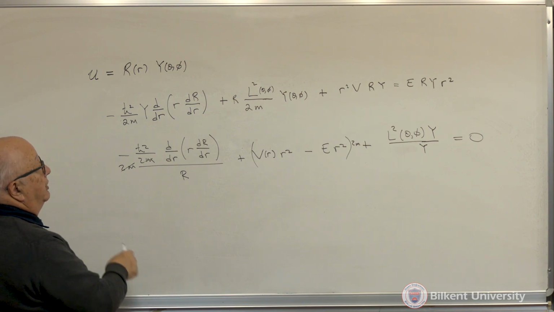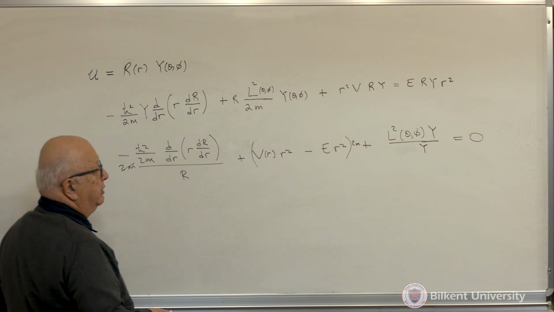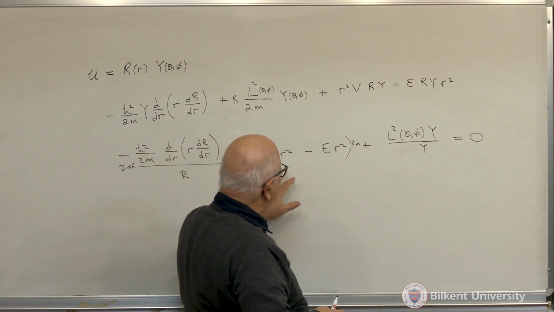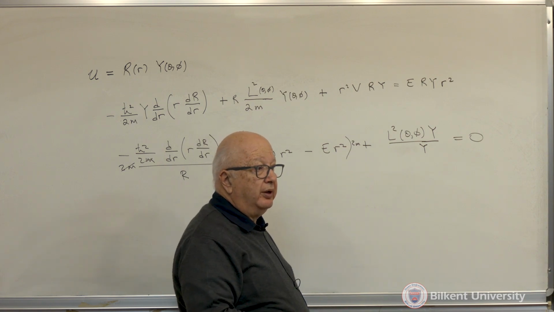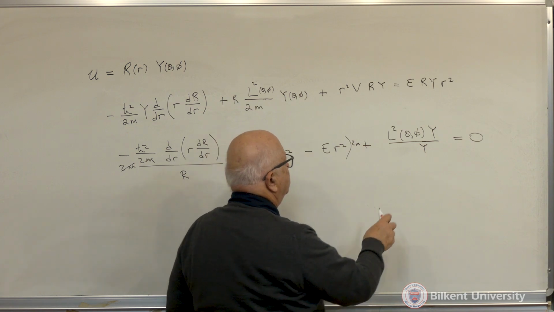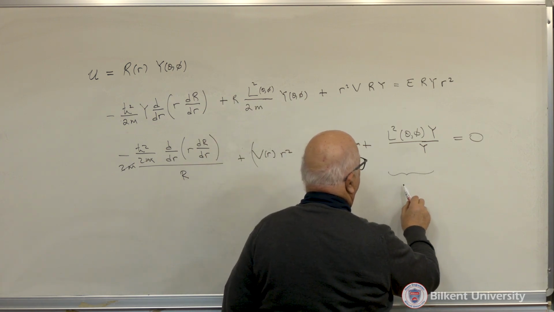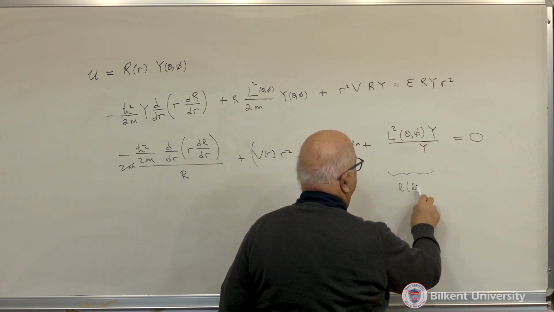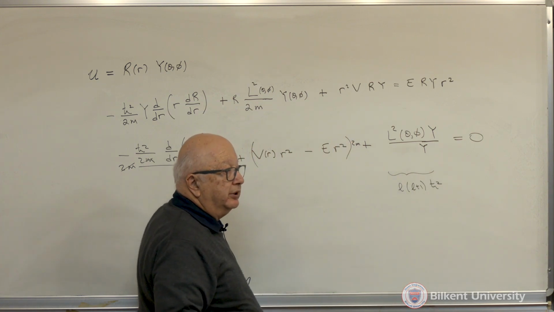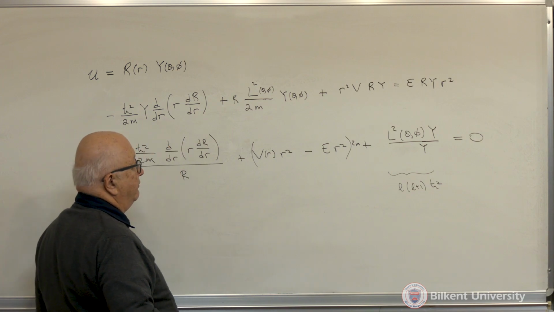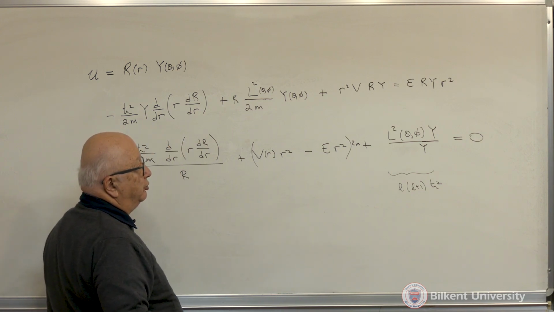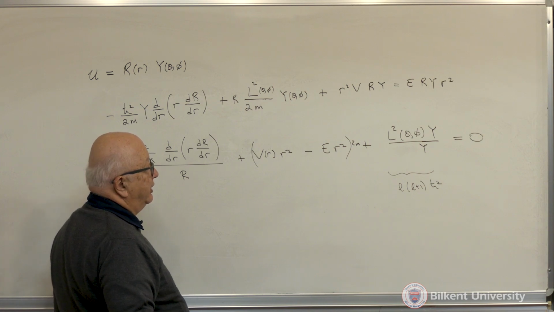So now we are going to have to set these things equal to certain constants. And those constants, as it turns out, this one is called L times L plus 1 times h bar squared, because L, being angular momentum, will have units of h bar. So to make it equal to a constant, that's what I have to do.